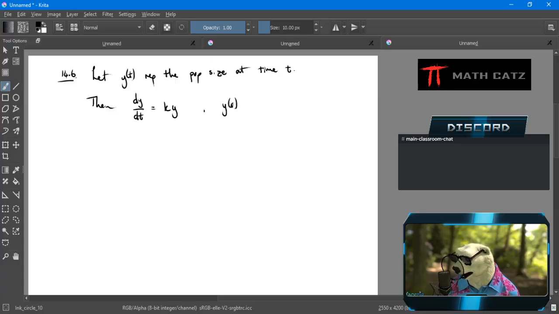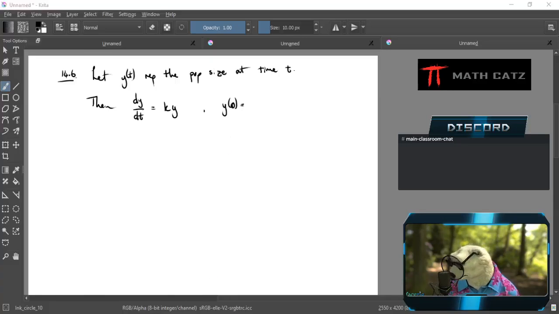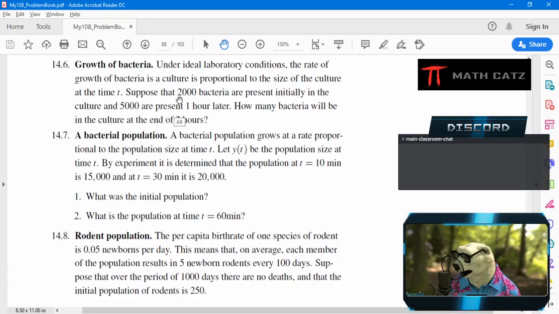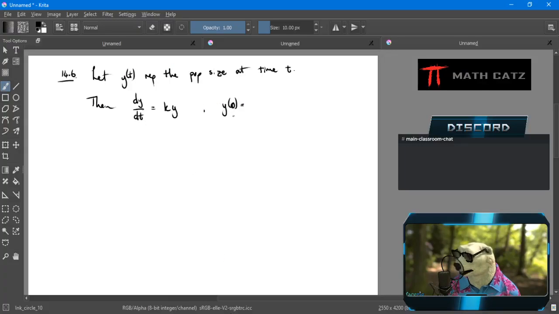And initially, they tell me 2,000 bacteria are present, but they don't tell me the growth constant, so I'm going to leave that as a k. y of 0 is 2,000 initially, and k is my, right now, unknown growth constant. We have to figure it out soon, but we don't know right now.